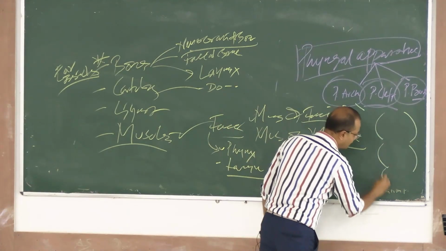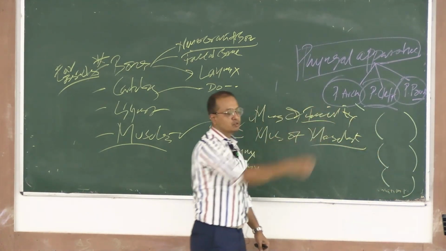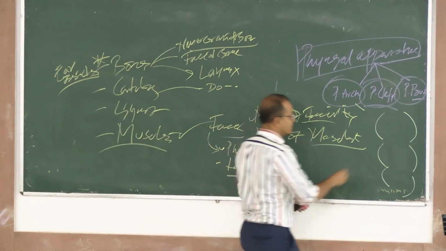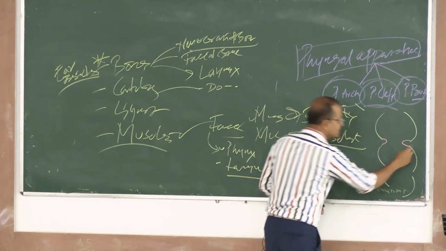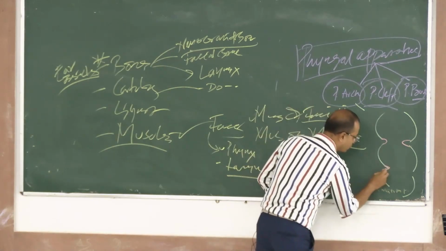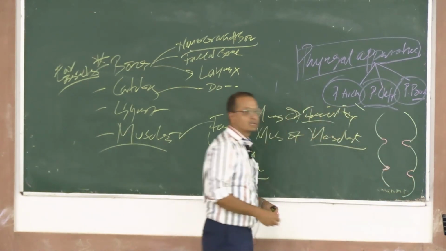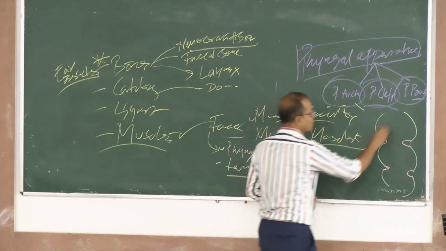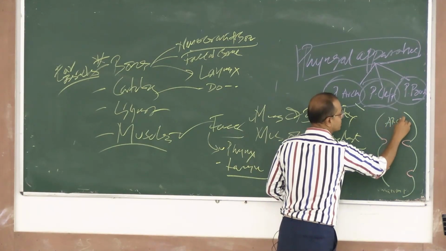So this bulgy structure that we are going to see subsequently, we call them as arches. Now between these arches we have a groove existing. So these grooves we call them as cleft or pouches. Now, so this one we call them as arch.